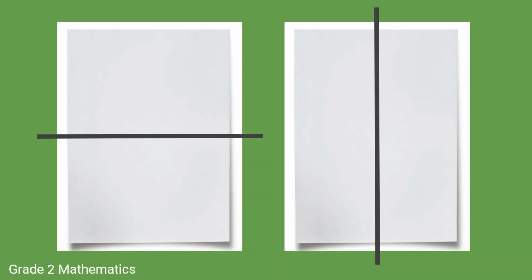Maybe you folded your paper like this, horizontal. Or maybe you folded your paper in half like this, vertical. These lines you just folded are called lines of symmetry. Your fold splits the shape into two equal parts that are the same shape and the same size.